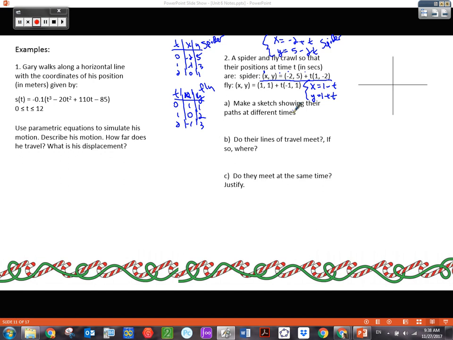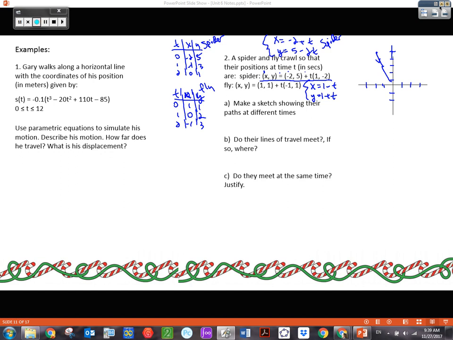Okay, so we're asked to make a sketch showing their paths at different times. So that's what we're going to do. Okay, so let's do the spider first. The spider starts at -2, 5, right here, and then moves to -1, 3, and then moves to 0, 1.